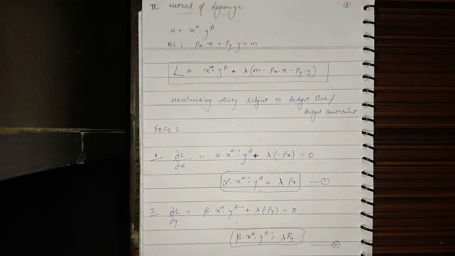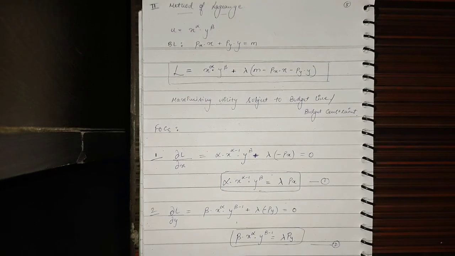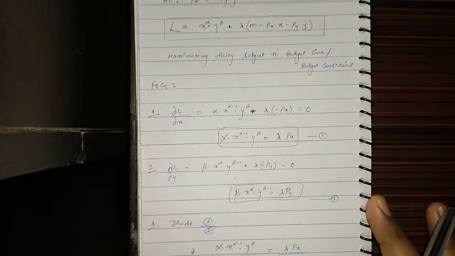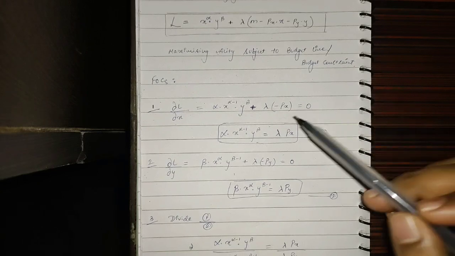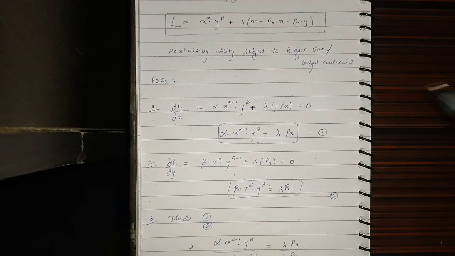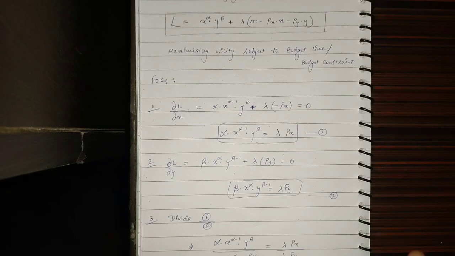This is how partial differentiation works, because we are considering all the other variables other than x right now as constants. So with the multiplier lambda, we would only be left with minus px equals 0. We have to equate it to 0 so that we can get the first order condition.